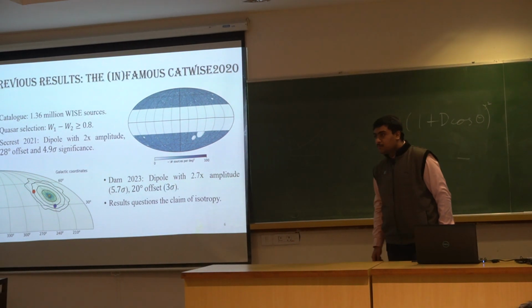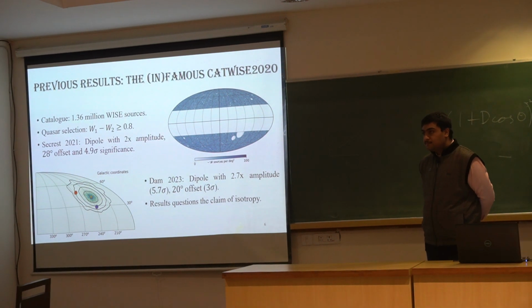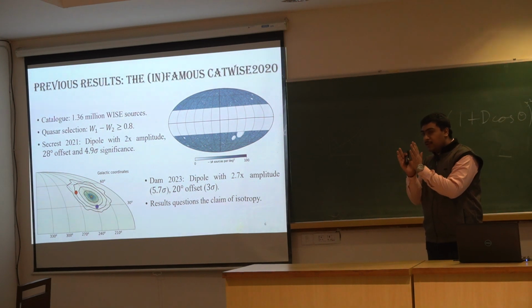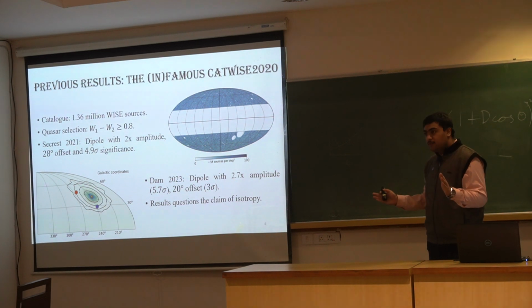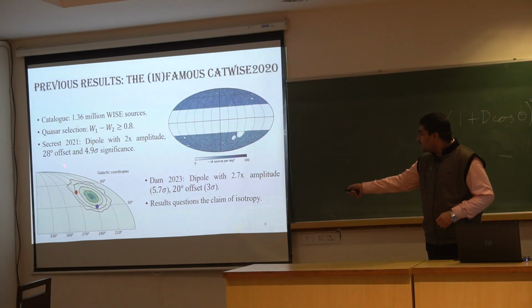I didn't understand what the 4.9 sigma significance is, and which result it refers to. The dipole is the discrepancy between your CMB dipole and your matter dipole, which was 4.9 sigma. It was higher, and it had a 28 degree offset.